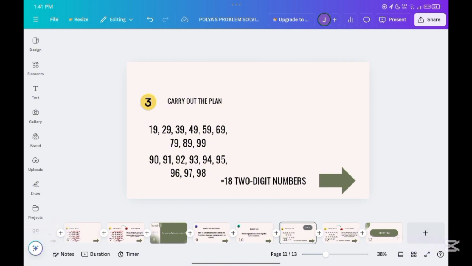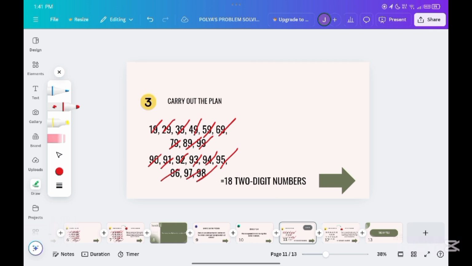We will now make a list of all 2-digit numbers that contain a 9. Let's start with 19. 19, 29, 39, 49, 59, 69, 79, 89, 99, and 90, 91, 92, 93, 94, 95, 96, 97, 98.